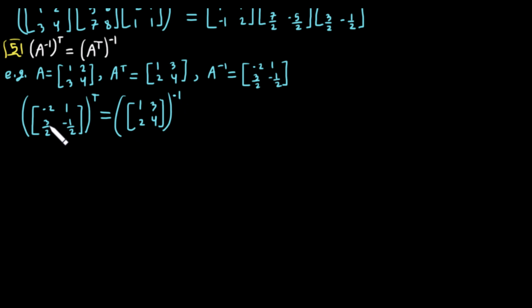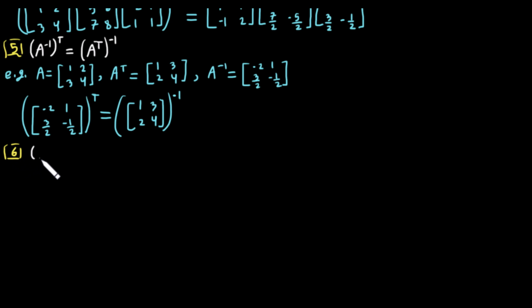So if you take the A inverse and put the whole thing transpose, it will be equal to the transpose here, which I wrote here, the whole thing inverse. It's a very nice property.